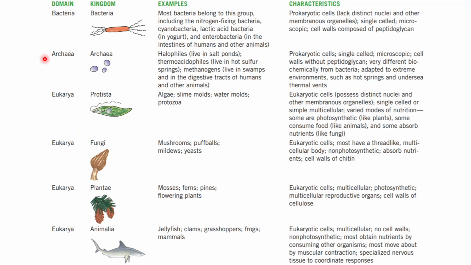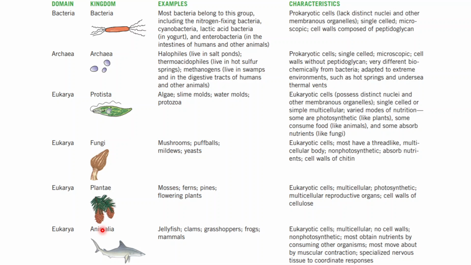As a result, many biologists currently recognize a six-kingdom scheme that takes into account these evolutionary relationships as well as cell structure and ways of obtaining energy. The six kingdoms are bacteria, archaea, Protista, fungi, plantae, and animalia.